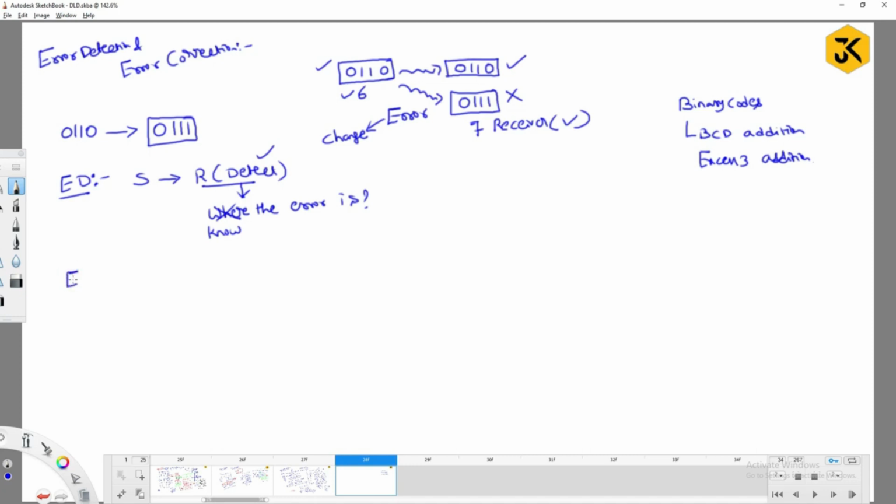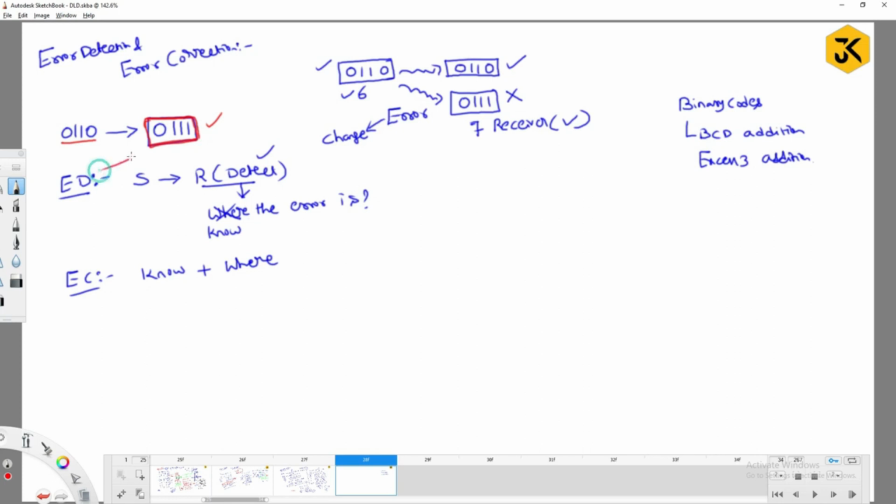And coming to error correction, you know the error is there and you also have to find out where the error is. There is a difference between these two. Observe this example: when I send 0110, the receiving side gets 0111. By using some procedure you identified that at the receiving side there is an error.